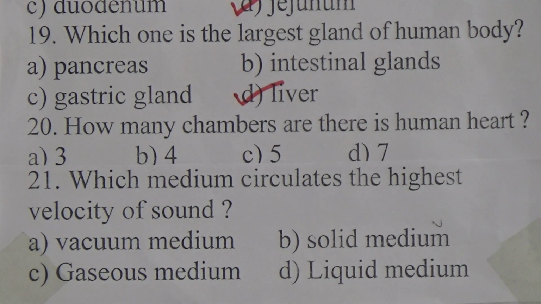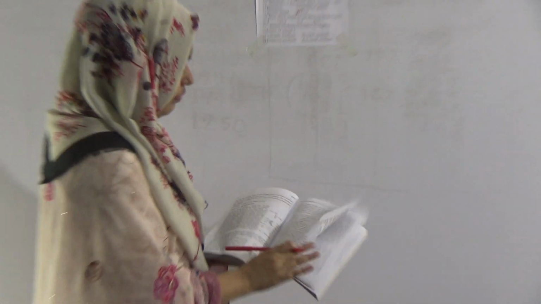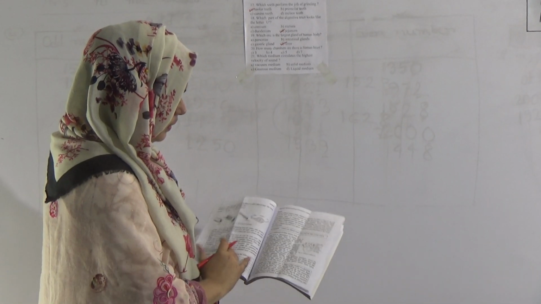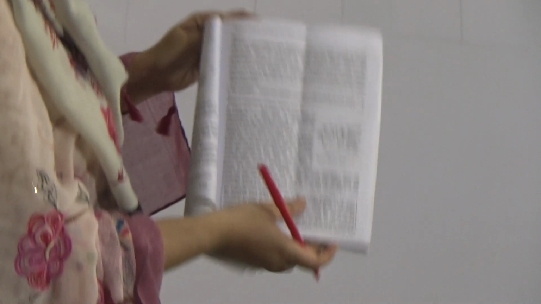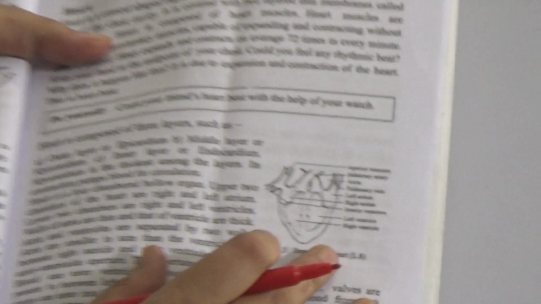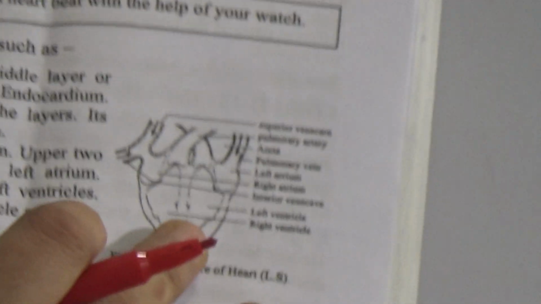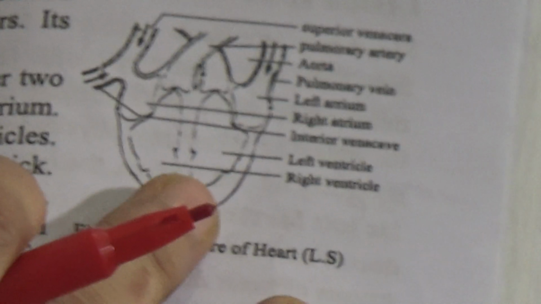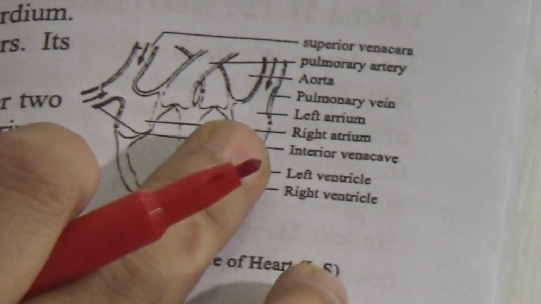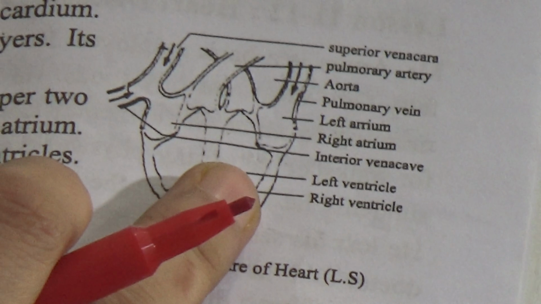If you open your book, again you can find the answer. The human heart is divided into 4 parts: 2 atria and 2 ventricles. So the answer will be B.